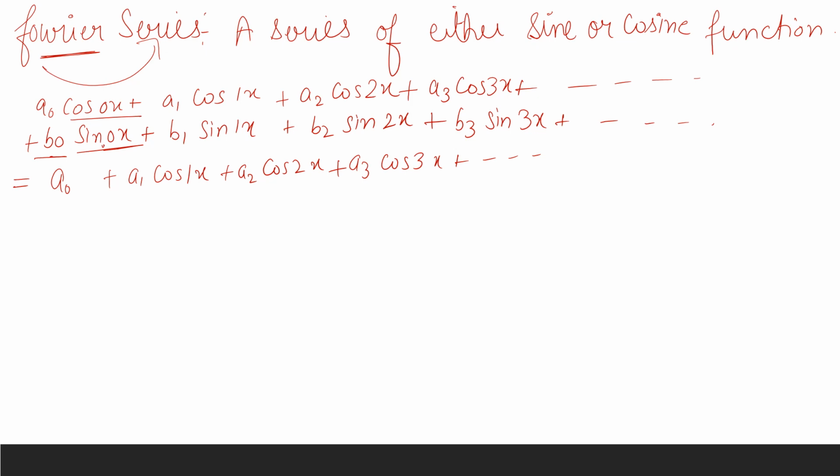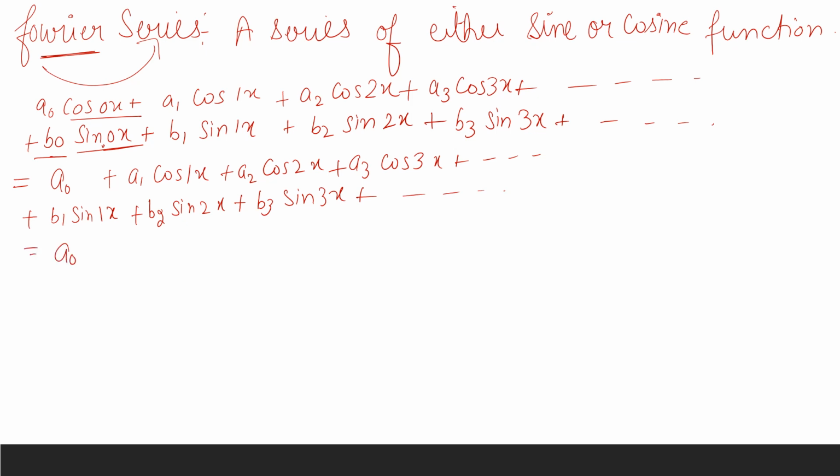So b0 sin 0 is 0. Here we get b1 sin 1x plus b2 sin 2x plus b3 sin 3x and so on.